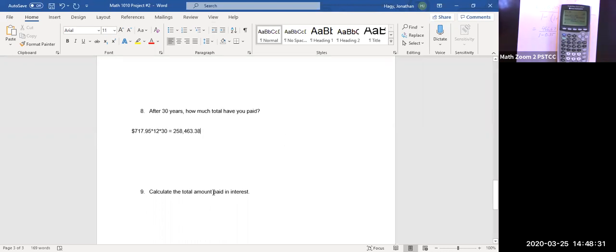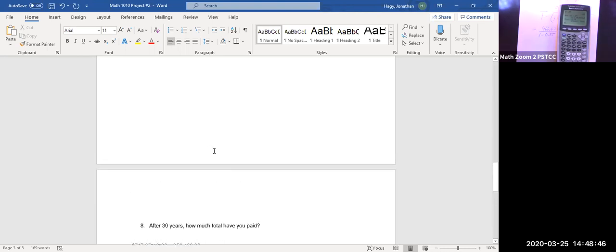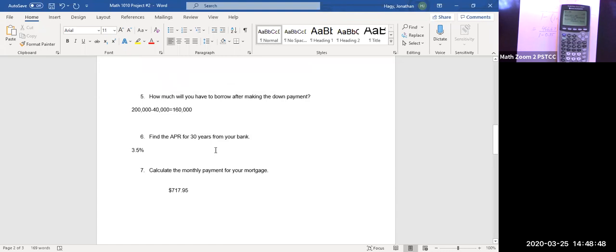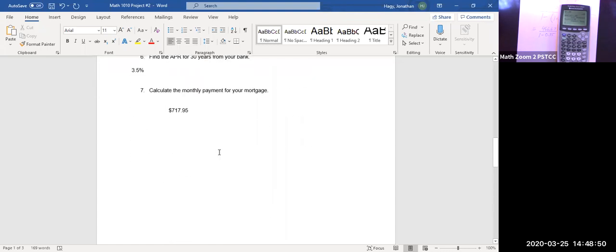All right, calculate the total amount paid in interest. Now, you don't need to use any kind of interest formula here. We simply take how much we paid, the answer to question 8, and subtract how much we borrowed, the answer to question 5.